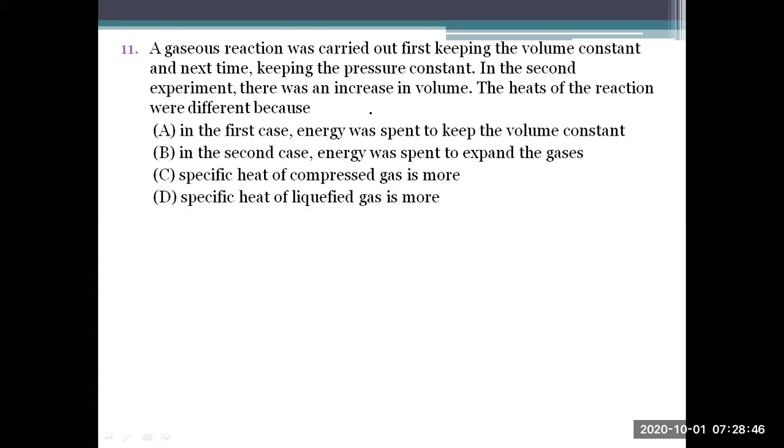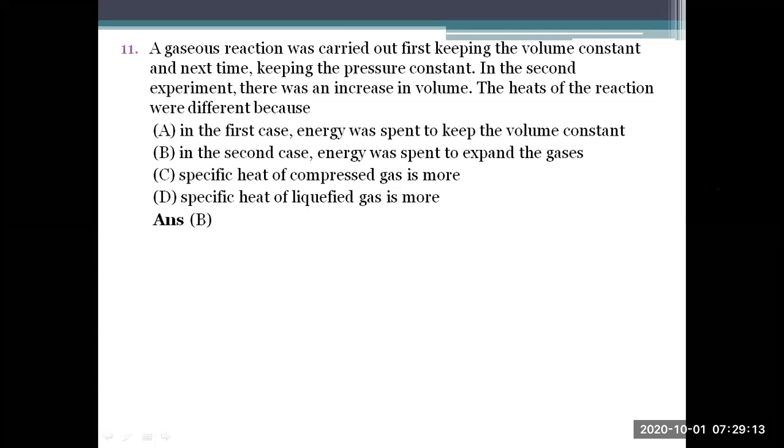In the second experiment, there was an increase in volume. The heats of the reaction were different. Heat change during constant volume, constant pressure, both are different. What could be the reason? Option B. In the second case, energy was spent to expand the gases, whereas no such kind of expansion is possible at constant volume. That's the correct answer.